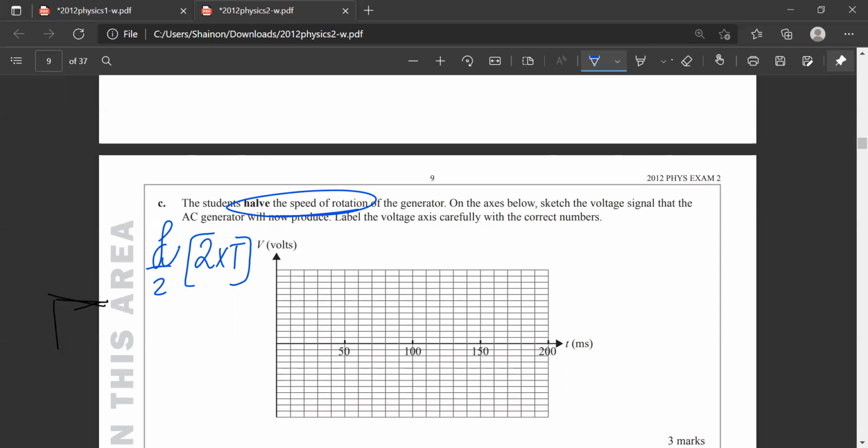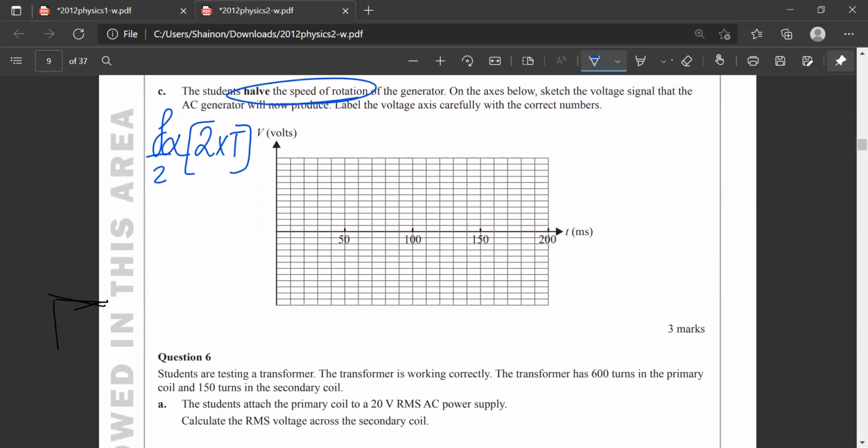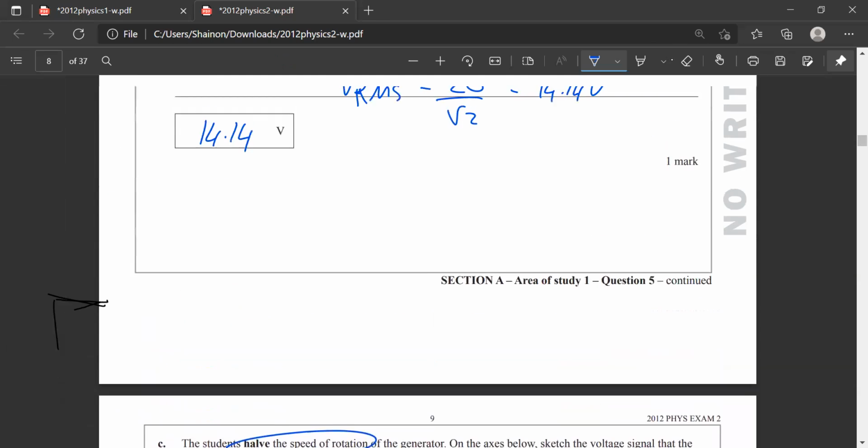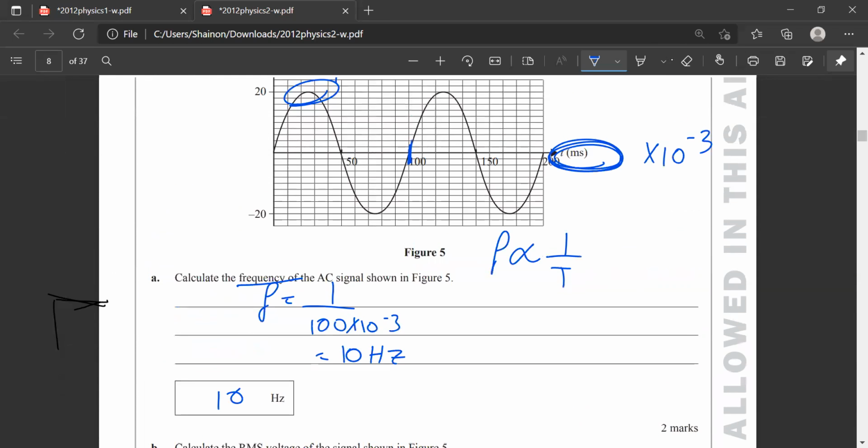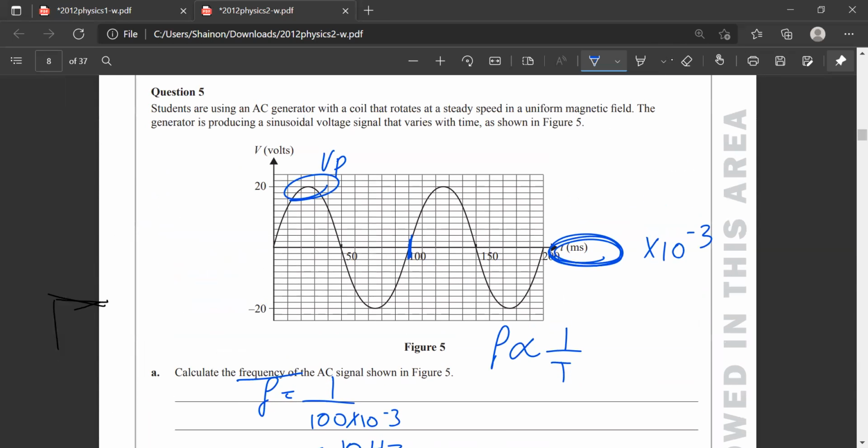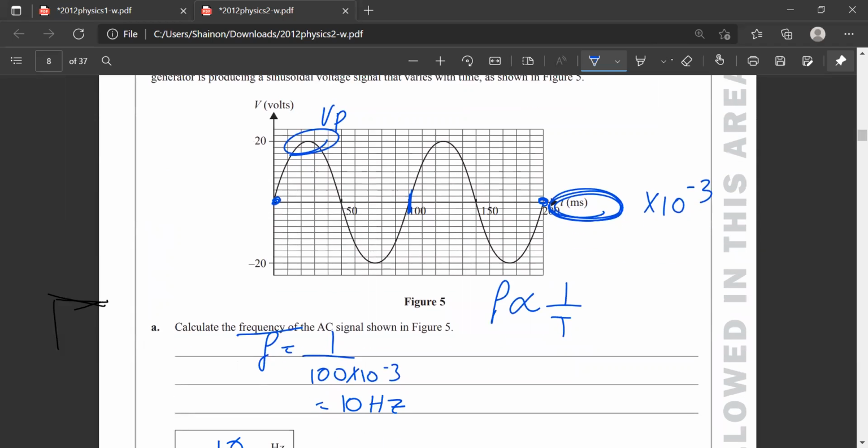So looking on this graph, period was from here to here. That's going to be from here to here, because 100 times 2 is 200. And we know that the voltage is going to half as well, so it's going to go up to here.